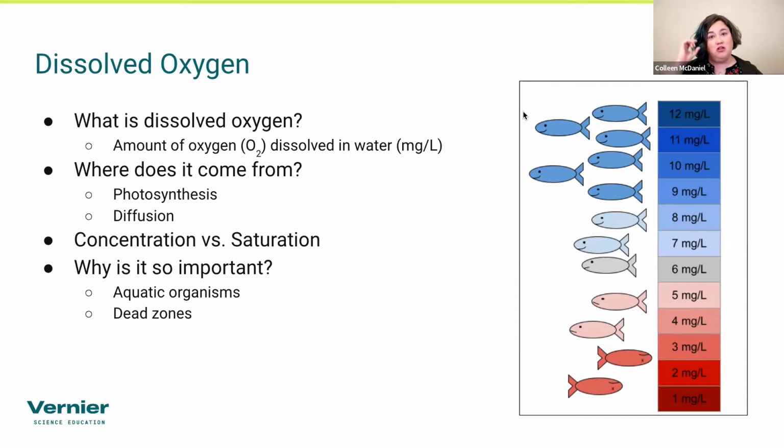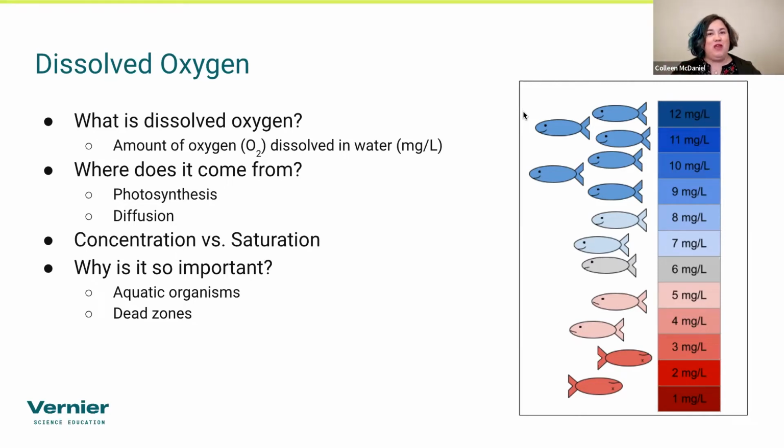But as we lower the temperature, the concentration, the amount of oxygen that the water can hold on to increases. So it might start reading 9.1 milligrams per liter, yet it still could be 100% saturated. And that's all this kind of weird relationship between temperature and the amount of dissolved oxygen that water can hold on to.